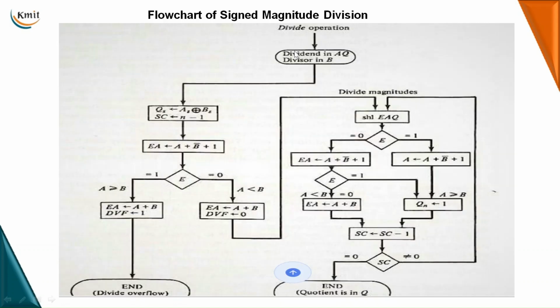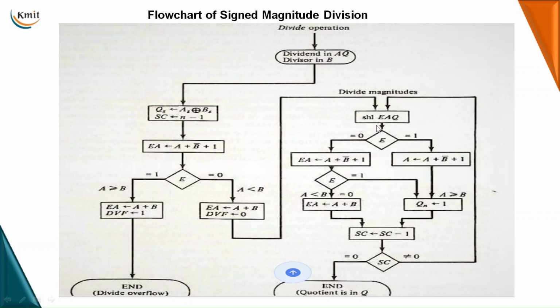So this is the flowchart of your sign magnitude division. We need not check for an overflow condition because we have already checked for overflow and aligned the dividend in such a way that there is no overflow situation. So the only thing we have to do is divide the mantissa part of your floating point number, that is, divide the magnitude part of your data.